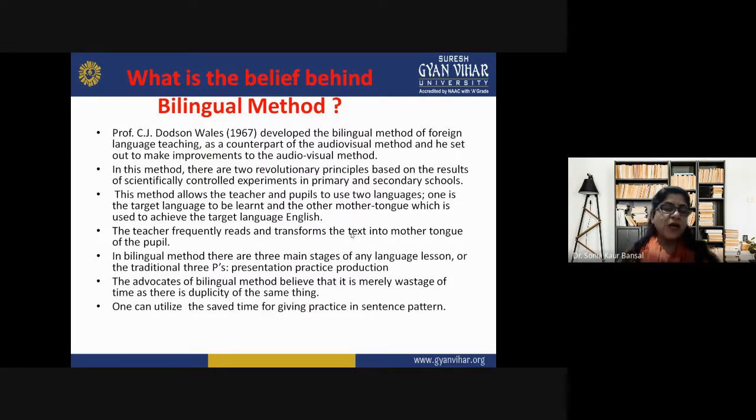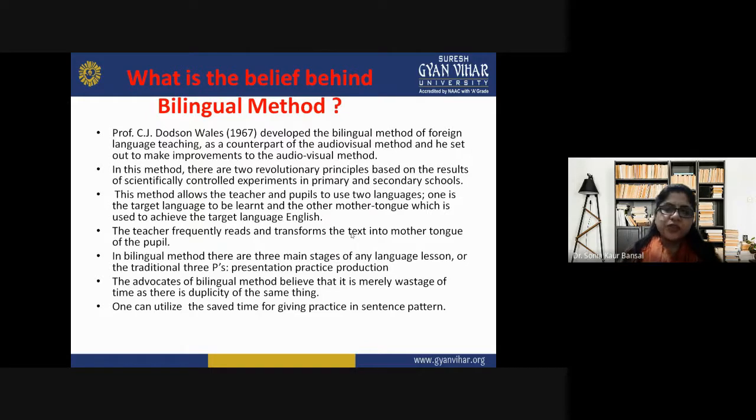So once the teacher has presented, the students are supposed to practice that presentation given by the teacher. When the students find it a little difficult to practice the concept, then the bilingual method is brought in.